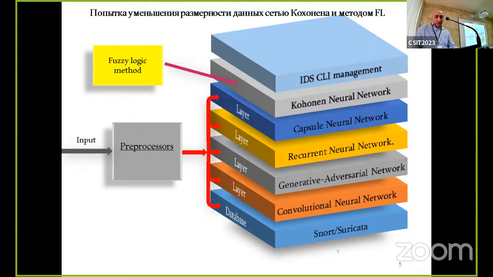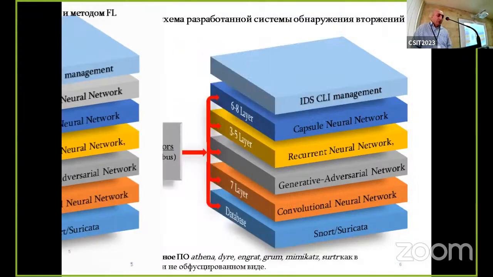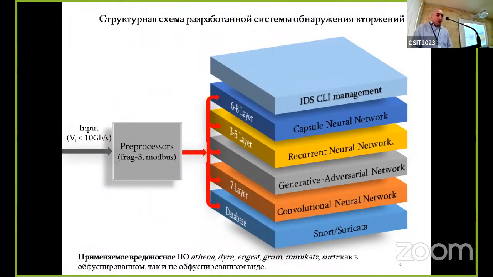Было принято решение отказаться от этого метода: мы изъяли нейронную сеть Кохонена из системы, отказались от самой парадигмы построения на основе нечеткой логики, концептуально поменяли подход и решили задачу математически.